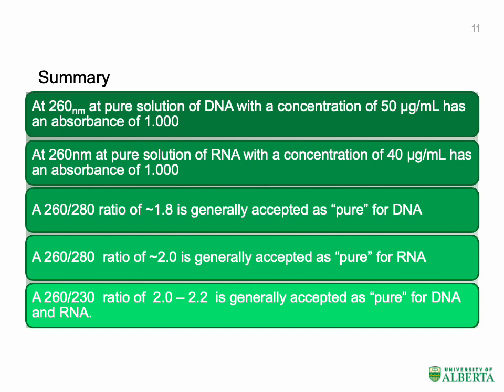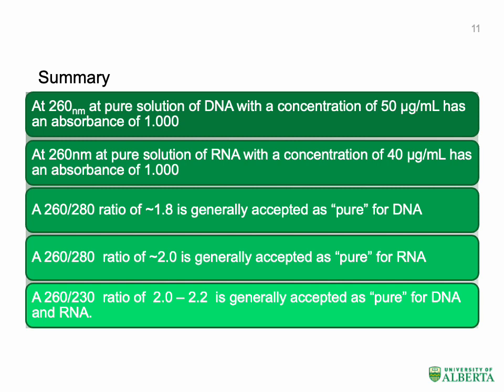At 260 nanometers, a pure solution of DNA with a concentration of 50 micrograms per milliliter has an absorbance of 1.000. At 260 nanometers, a pure solution of RNA with a concentration of 40 micrograms per milliliter has an absorbance of 1.000.